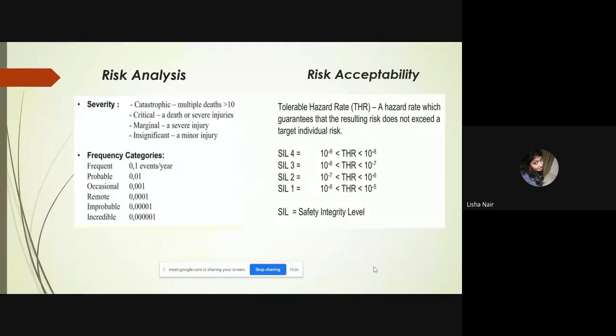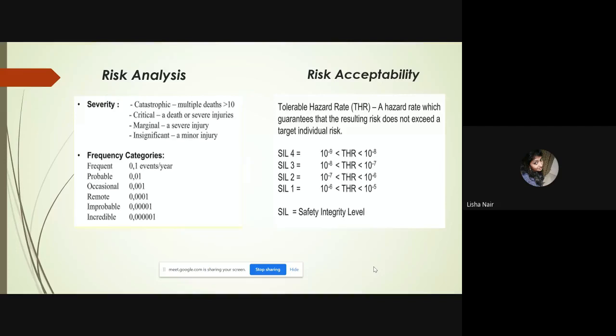When you say that the system is safety critical, you should also foresee risk. What are the different sorts of risk that you can foresee when you say that it's safety critical? Then you have to assess what kind of risk is possible, and what is the severity of the risk that you could face. So one is catastrophic.